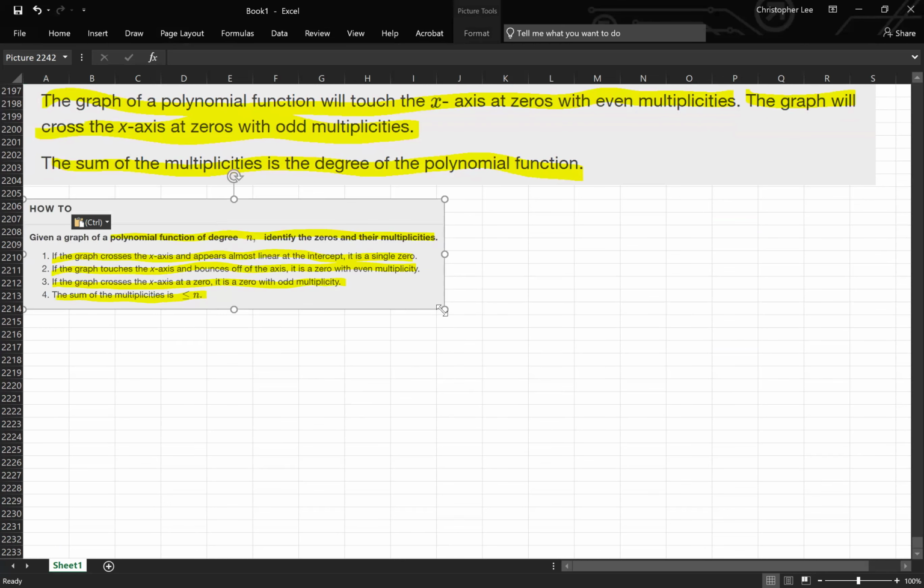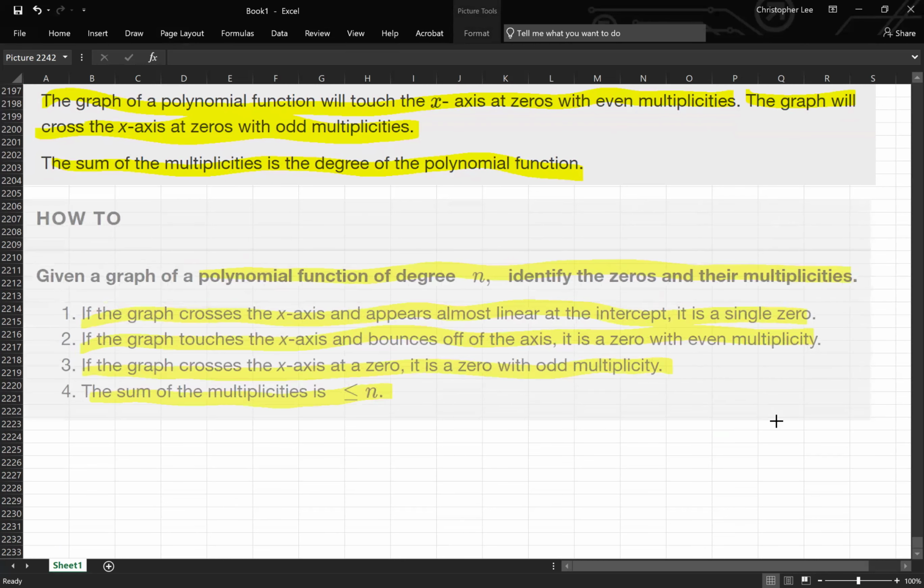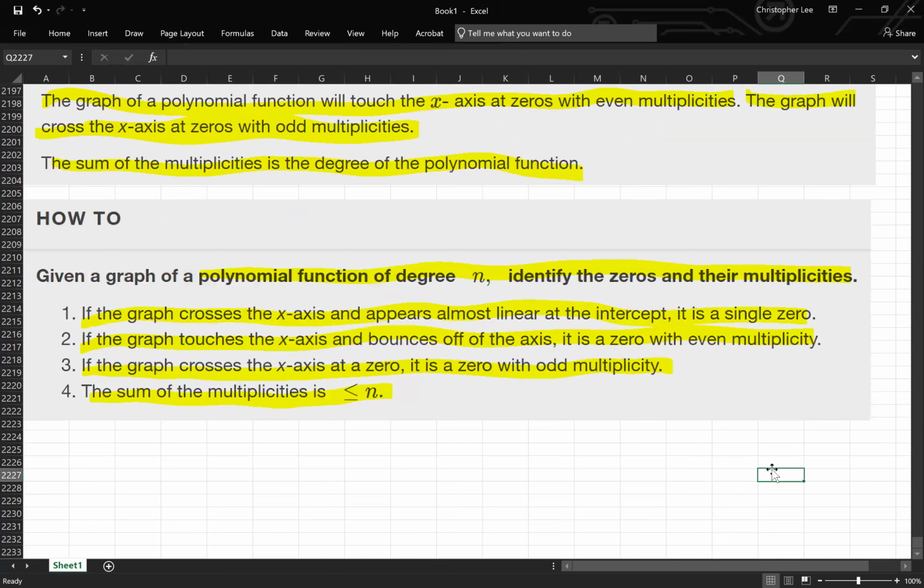So let me give you a little tip. Given a graph of a polynomial function of degree n, we want to identify the zeros and their multiplicities. Here's how you do it. Step one, if the graph crosses the x-axis and appears almost linear at the intercept, it has a single zero at that point. If the graph touches the x-axis and bounces off, it has a zero with an even multiplicity at that point.